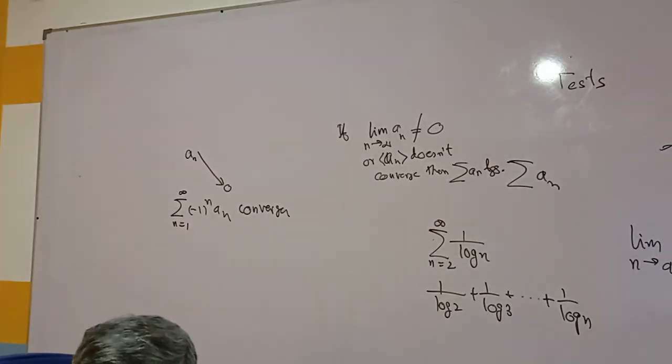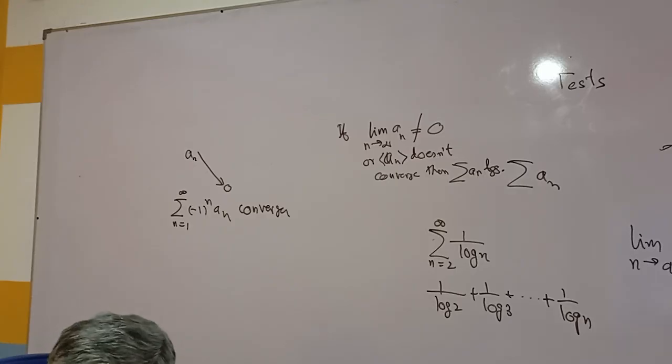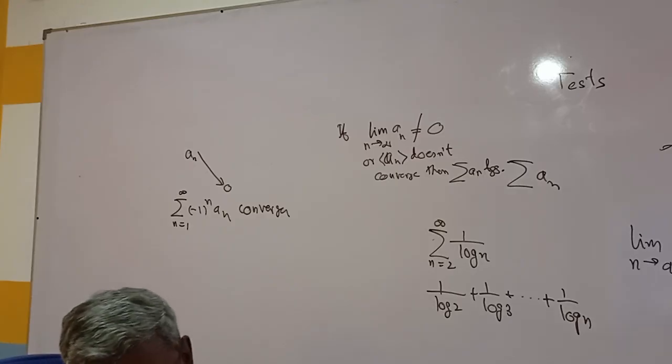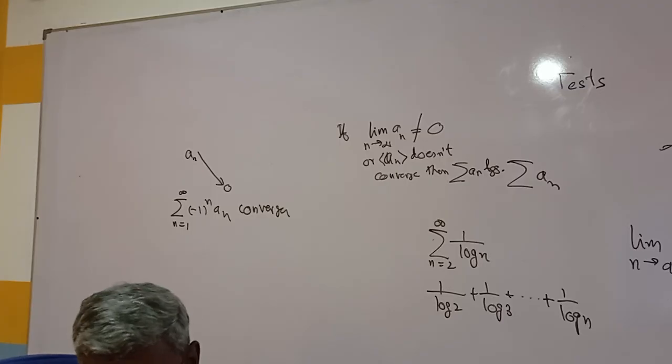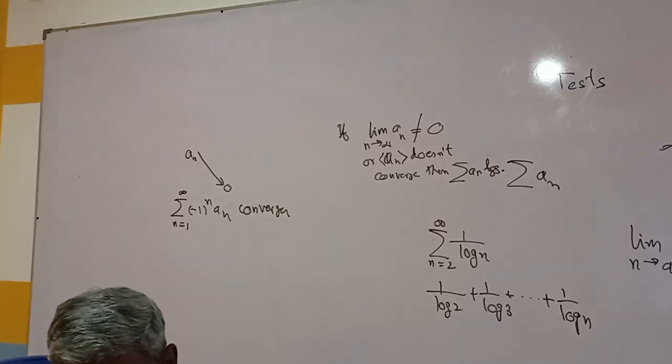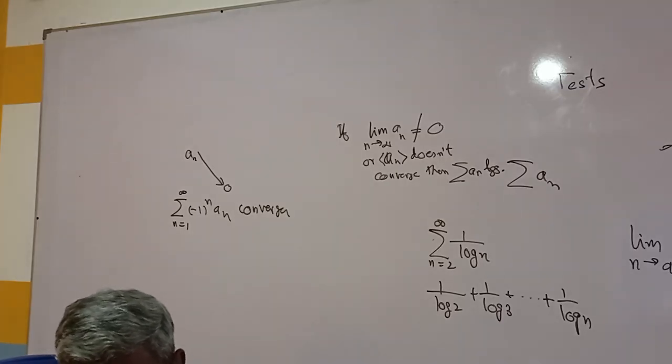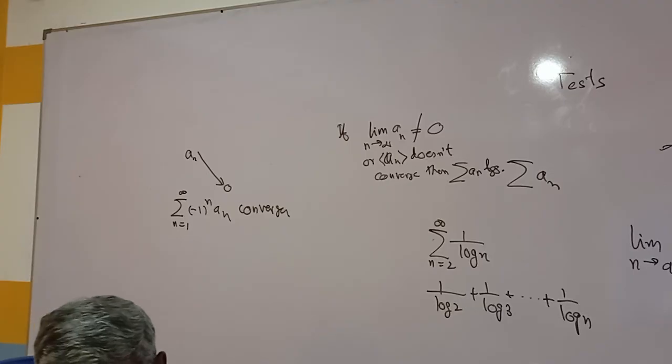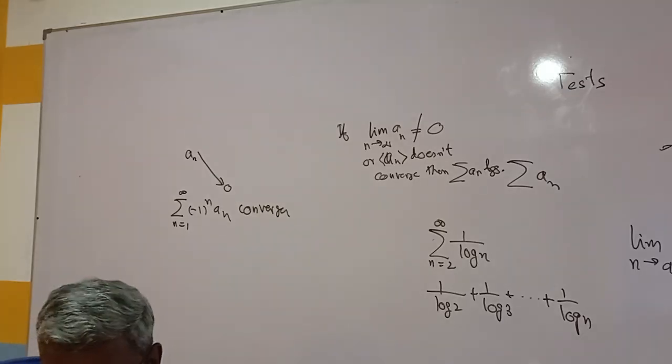I suppose this is called the alternating series test. I think we passed this, no? Yeah. So you can prove that this is convergent. Yeah, we have proved it, no?